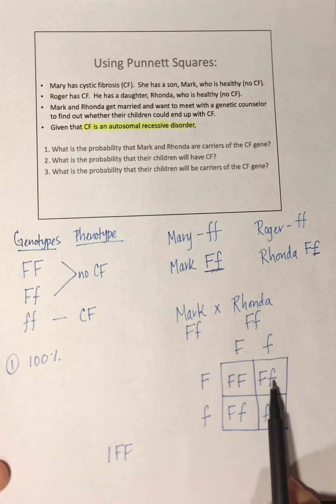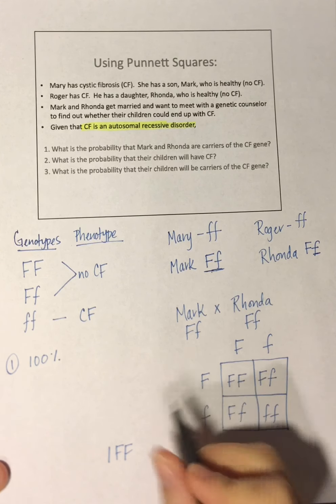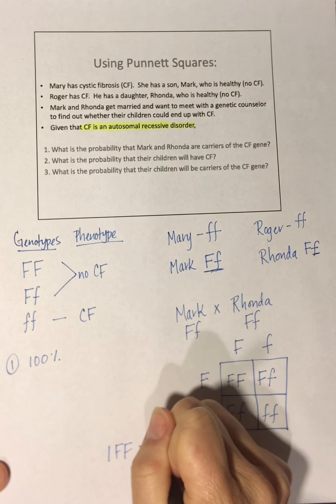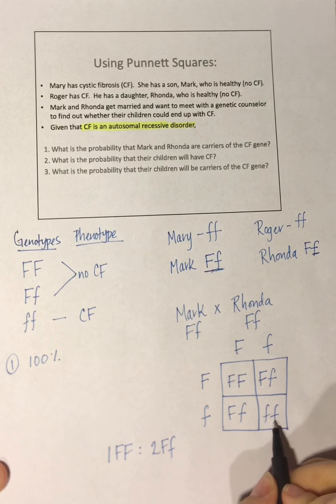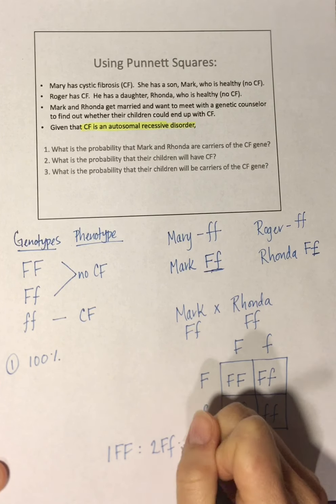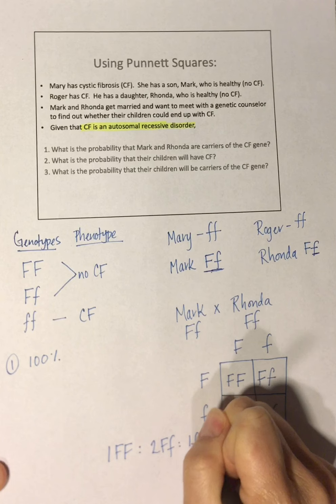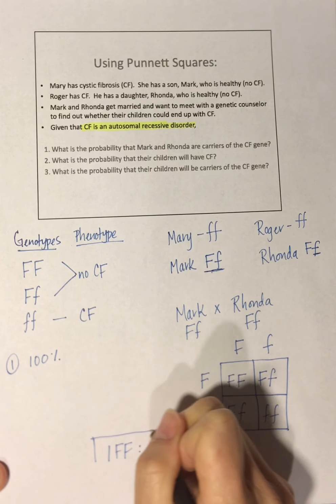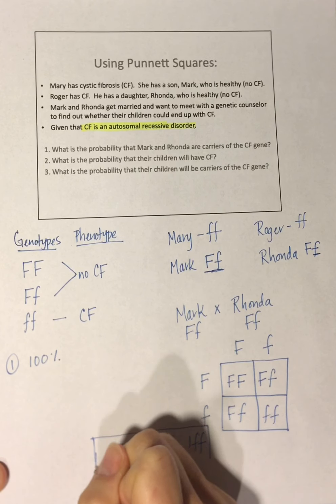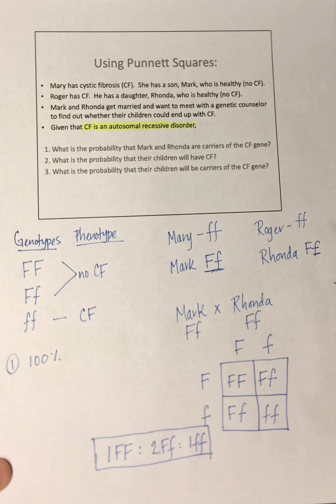There are 2 possible heterozygote combinations, and there is 1 homozygote recessive. Right, so this is our genotypic result of Mark and Rhonda.